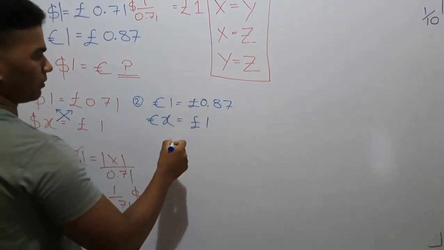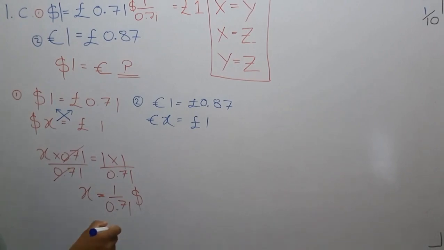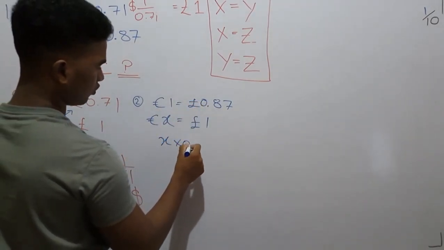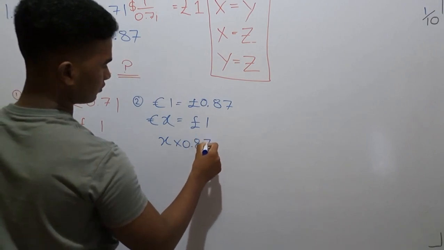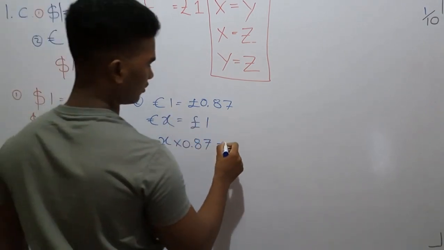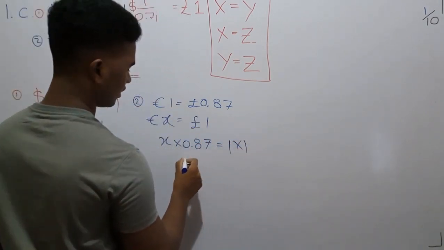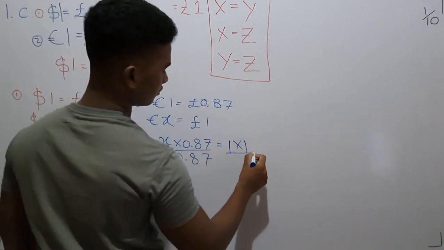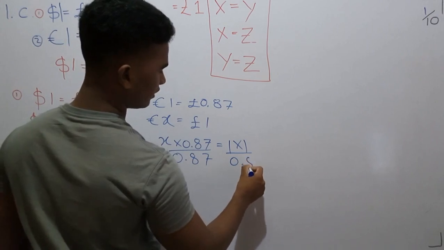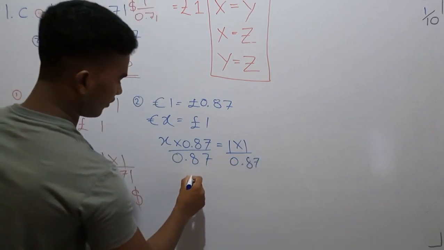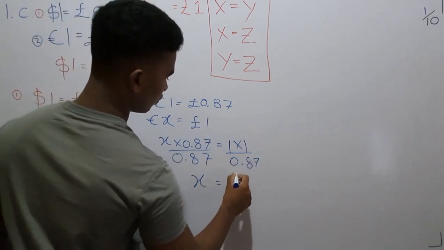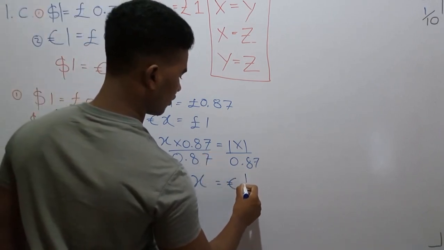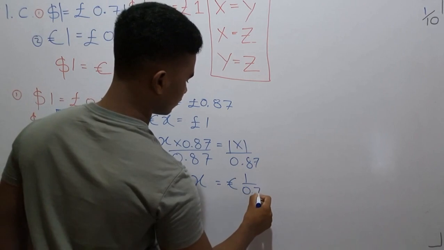So, cross multiply. You're getting x into 0.87 equals 1 into 1. Divide both sides by 0.87. Leave this also in fraction form. So you are getting the answer as 1 over 0.87 euros.